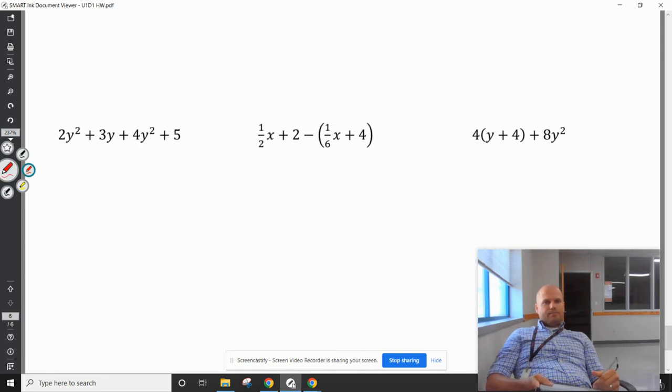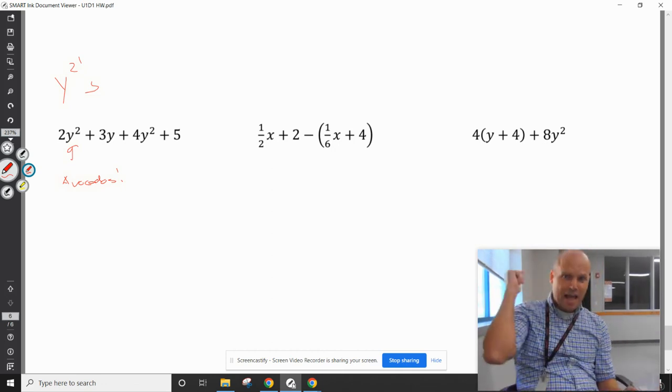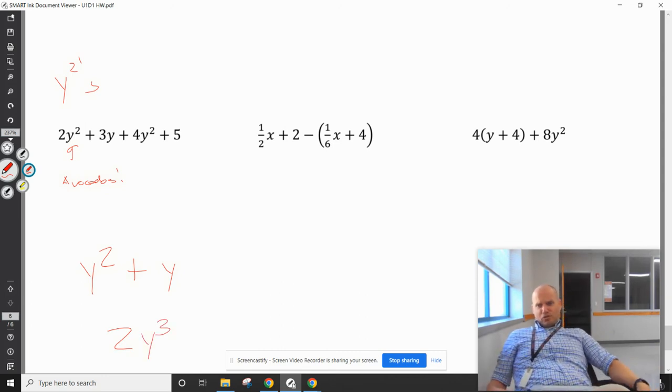Oh, look what we got. Y squareds. Hey, avocados. You can't add your avocados to apples. You can't add your avocados to oranges. 1 avocado and 1 apple do not combine to be 2 pineapples.